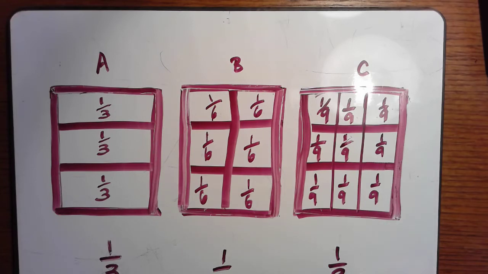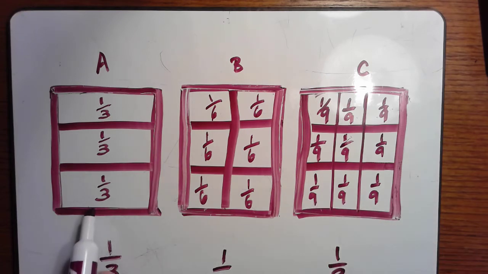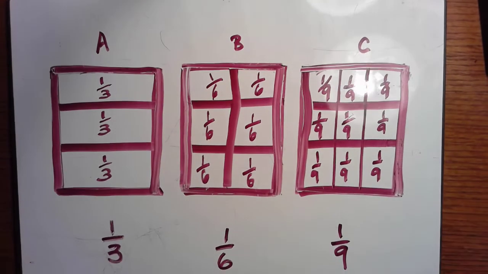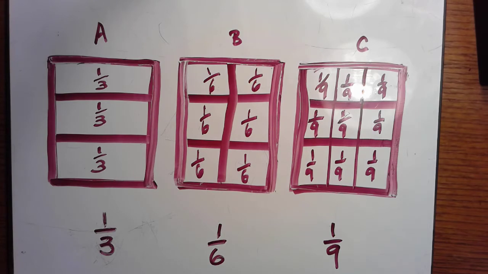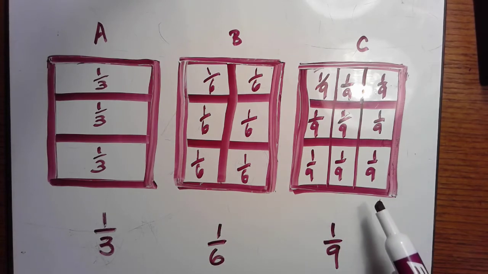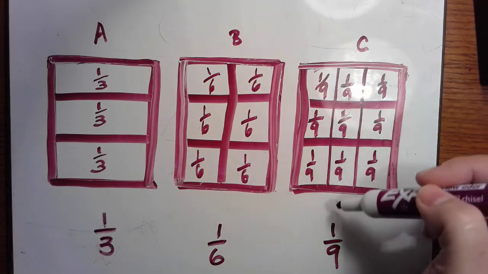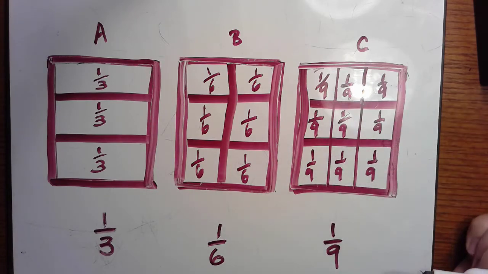But 1/9 means the whole is split into 9 parts, and they are smaller than when the whole is cut into 3 parts. Wanted to make sure we made mention of that. When the whole is cut into more pieces, the parts or the pieces are smaller in size. You might find yourself writing something like that in your answers today. So the more I cut or split, the smaller the pieces got.